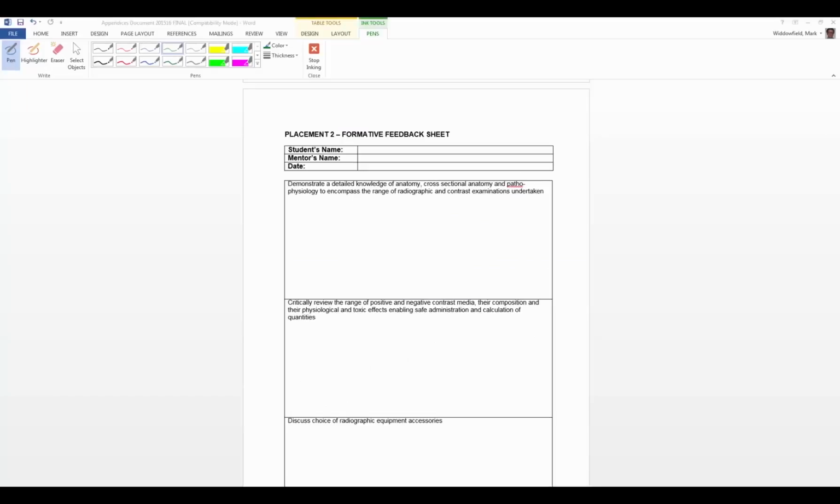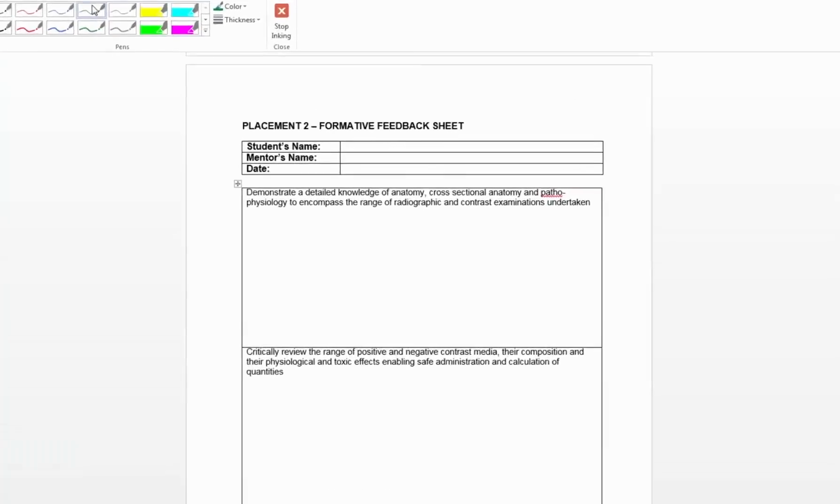So moving back to the formative feedback sheet, you can imagine the sorts of things that it might be worthwhile discussing with your students.